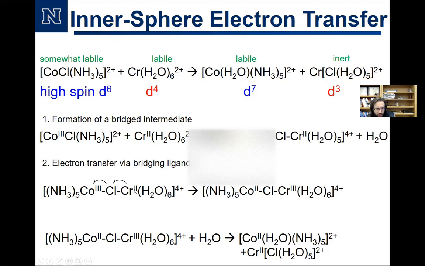So what's that going to look like? It can happen in a few different ways. Here's a very common way. You have one electron go to the chlorine, and then that electron's going to go to the other metal center. And so for a second there, or a nanosecond, you're going to have an expanded octet on chlorine.